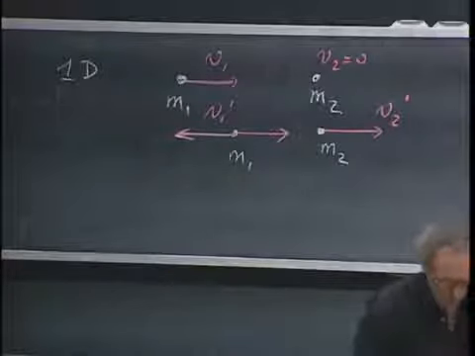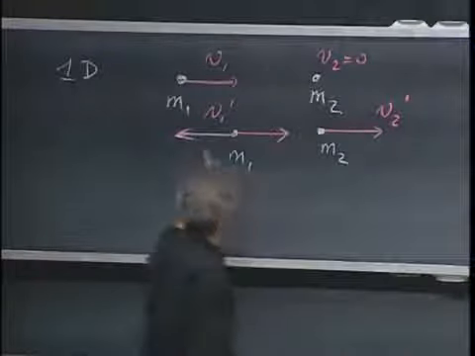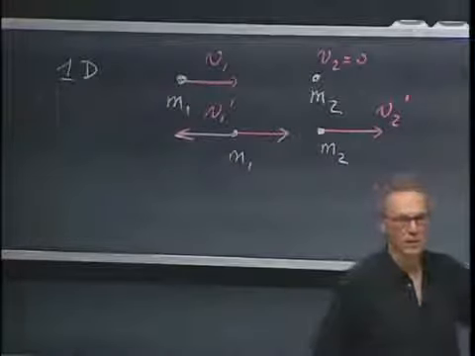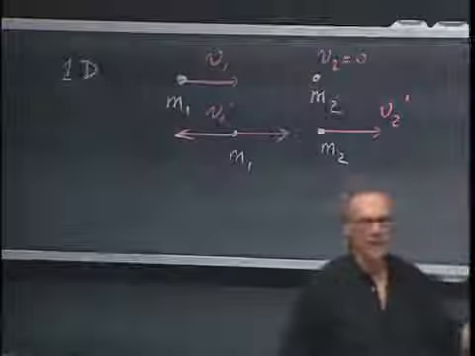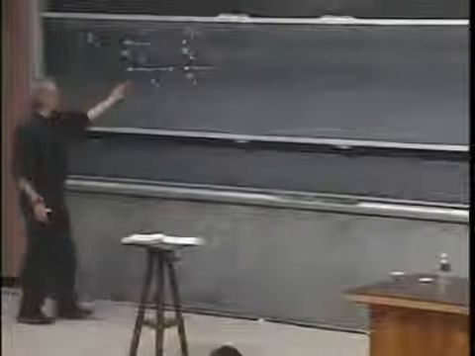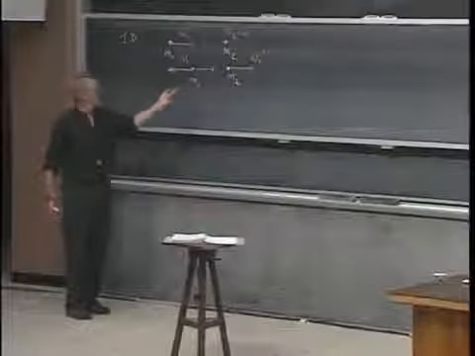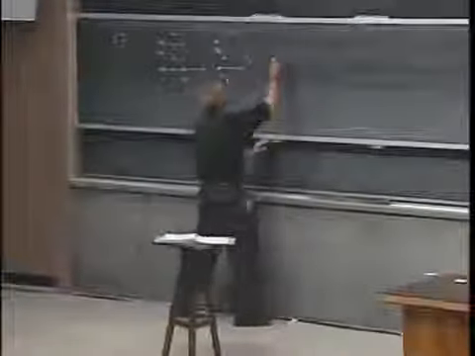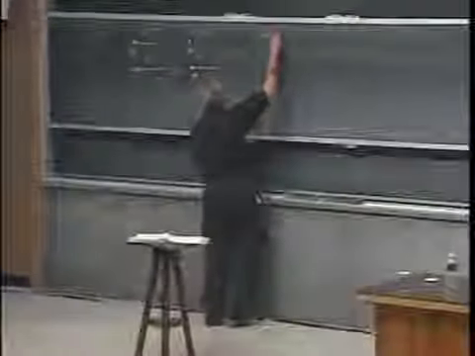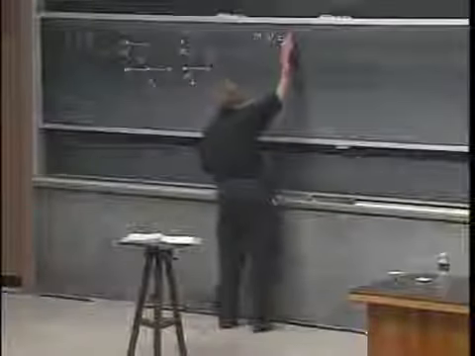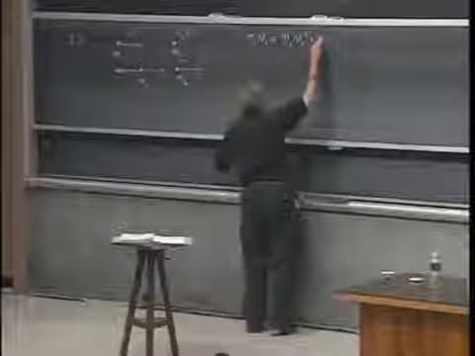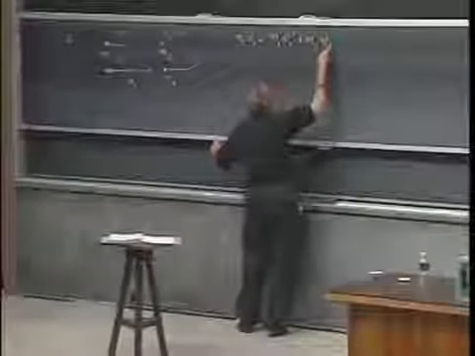To find v1 prime and to find v2 prime, it's clear that you now need two equations. And if there is no net external force on the system as a whole during the collisions, then momentum is conserved. And so you can write down that M1 v1 must be M1 v1 prime plus M2 v2 prime.